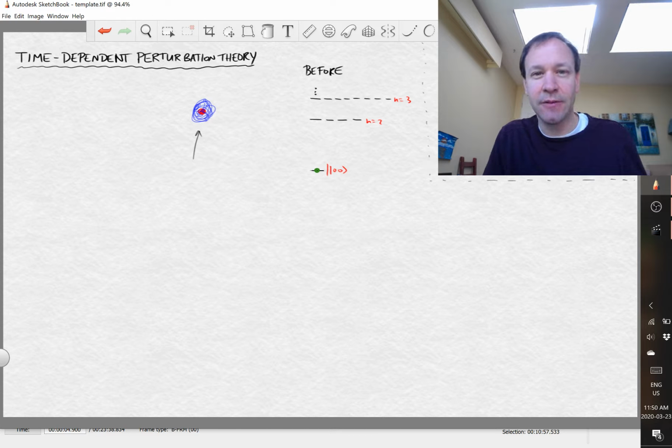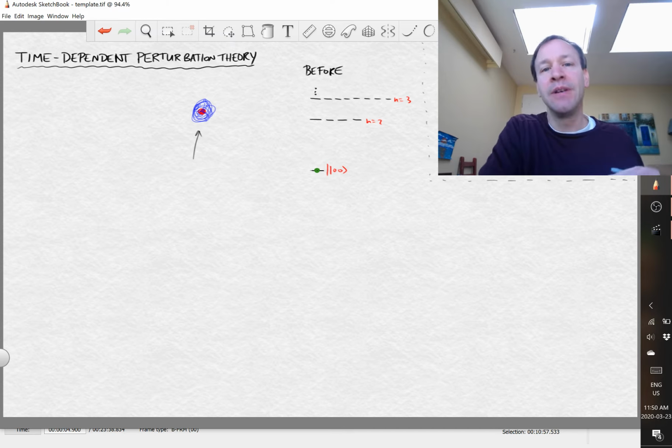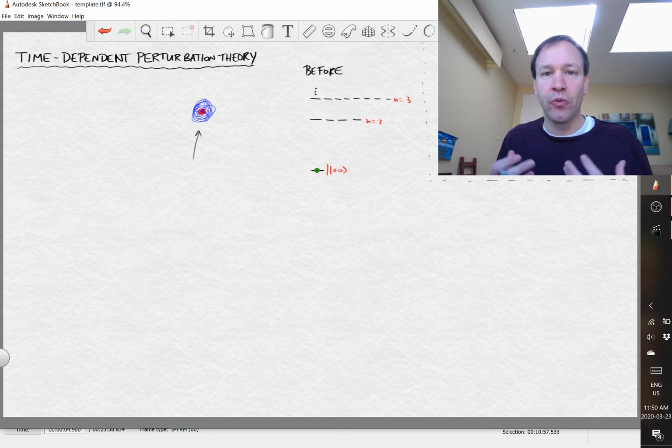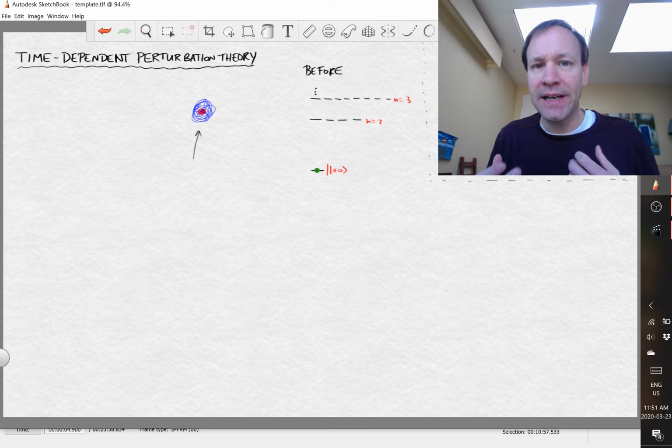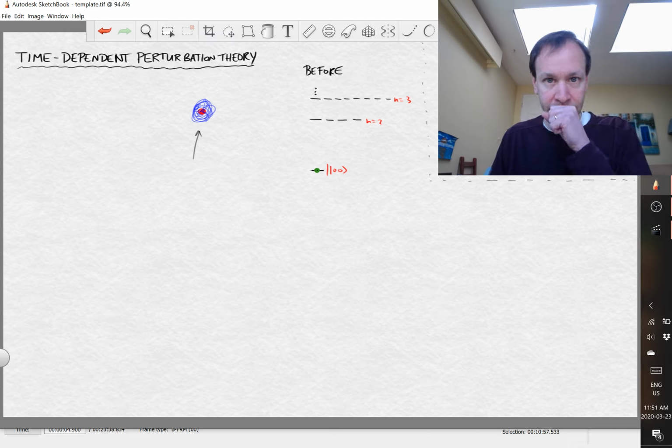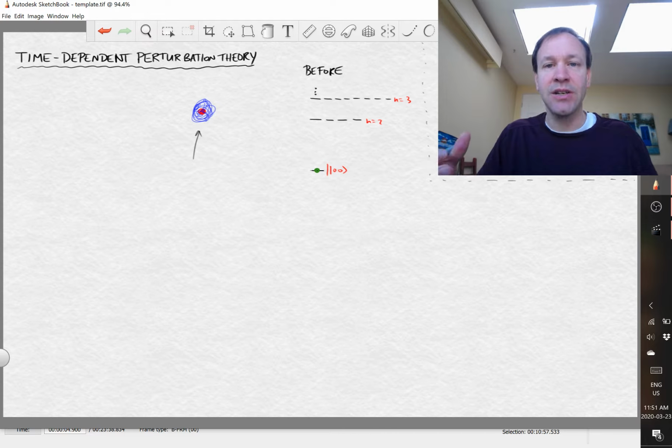Then the electromagnetic wave passes by, it interacts with the hydrogen atom, it goes away, and now afterwards, what we have is possibly some other state. It's still going to be some state of the hydrogen atom, because in the end, the Hamiltonian is back to what it was originally, but it might not be the ground state anymore. It might be some linear combination of various possible other states.